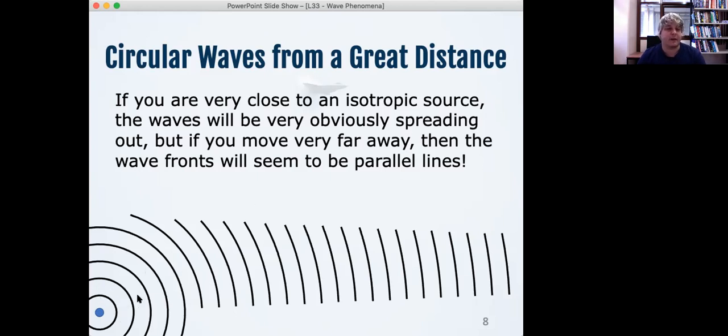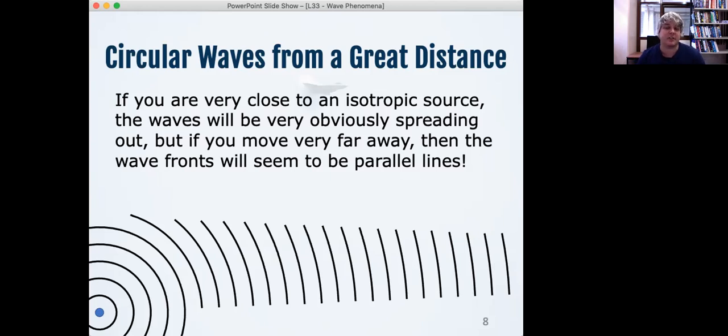To start with, they're very clearly circular. By the time you look at the ones on the right-hand side, they are getting very close to being straight lines. They're not quite straight yet because I've only drawn a few on this slide, but you can imagine that if you were that distance again further away, that would be even closer to being a straight line.